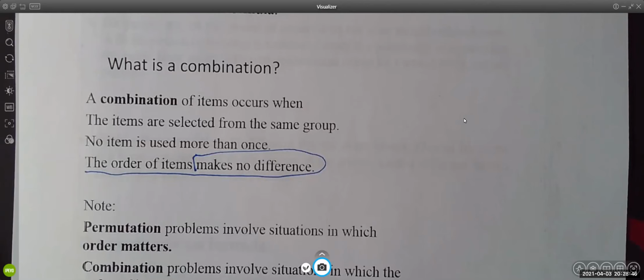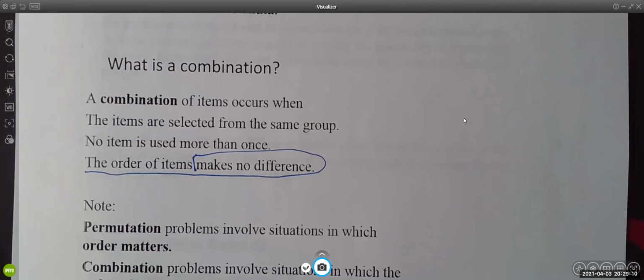It really doesn't make any difference because no matter who is selected first, second, A being first, B second, C third versus B being the first, A being the second, and C being the third makes no difference. It's still the same 3 people representing the same class, attending the same meeting.